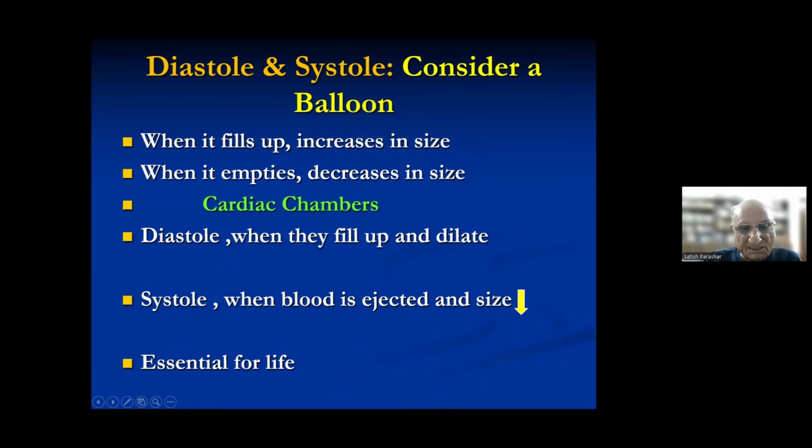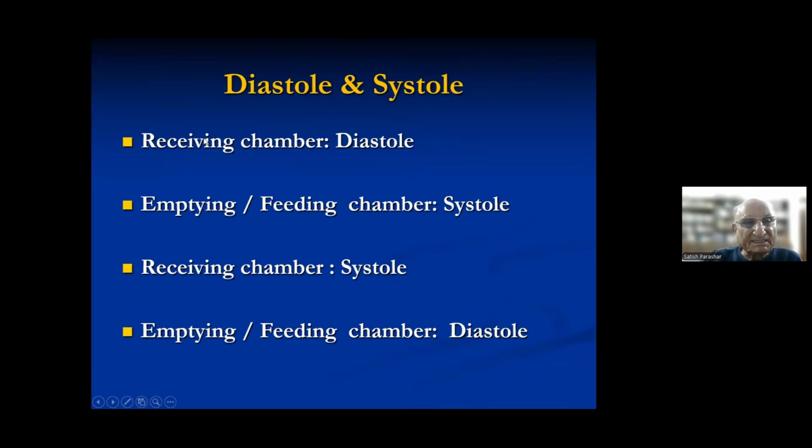So this is essential for life. Unless there is a systole and diastole, a person cannot remain alive for even a second. So remember, diastole is when they fill up and systole is when they eject. A receiving chamber is in diastole. For example, the LV is a receiving chamber, it will enlarge in size.